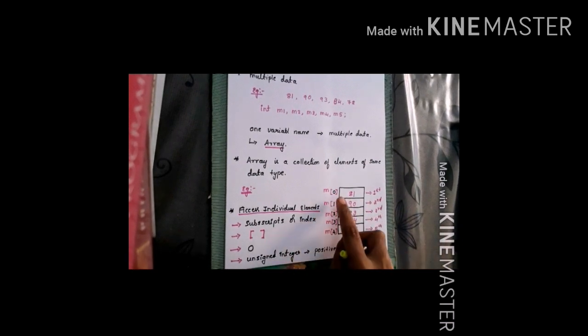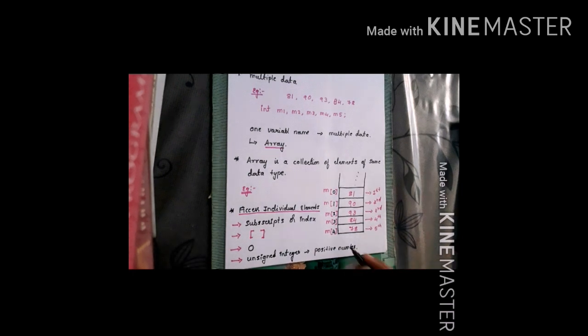This index or subscript indicates the position of the element in the array. For example, subscript 2 of the element 93 indicates that 93 is the third element of the array. And one more point, always the array elements are stored continuously in the memory location.